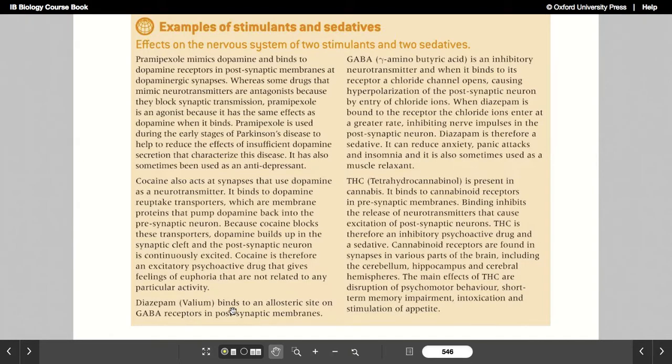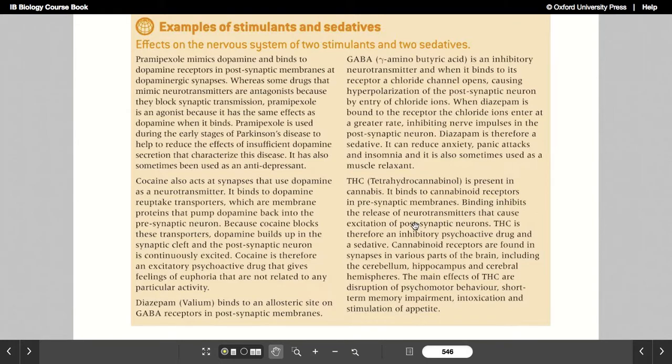And then Valium binds to an allosteric site, which is a different site on the GABA receptors, and causes inhibition, which is what causes people who take Valium to calm down. So it's like a sedative. THC binds to cannabinoid receptors in the presynaptic membranes.